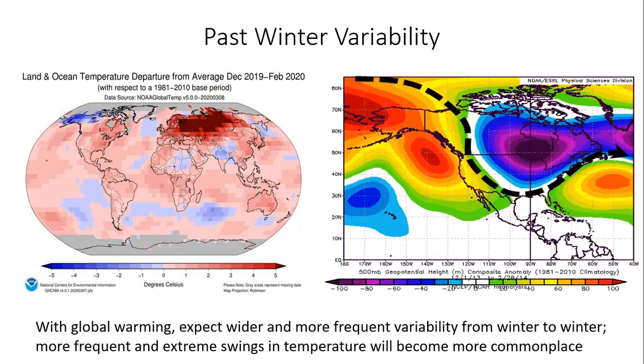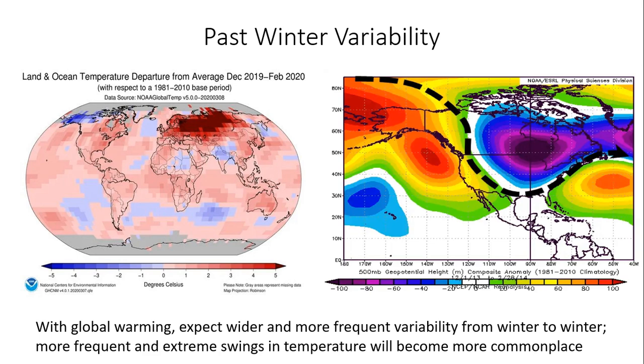But look at the upper level pattern. That dashed black line in the graphic on the right is the actual polar front jet stream, and the purple shading is just extremely cold temperatures situated just south of Hudson Bay, directing much colder air into the upper plains states, Midwest, into the East Coast. Just incredible. And then the orange shading on the right graphic shows where those upper level ridges, anomalously high upper level heights, were setting up over the oceans.